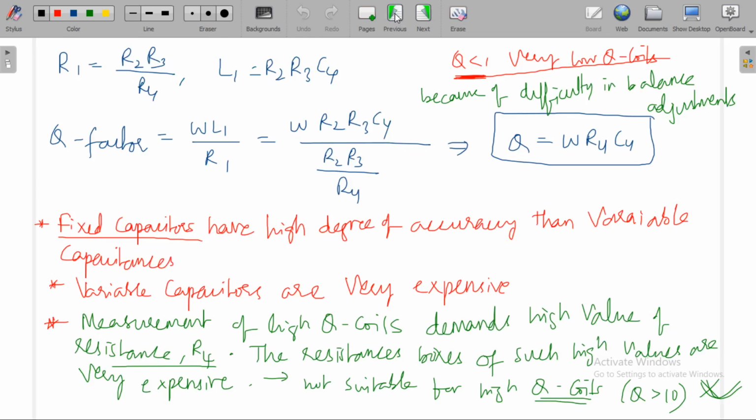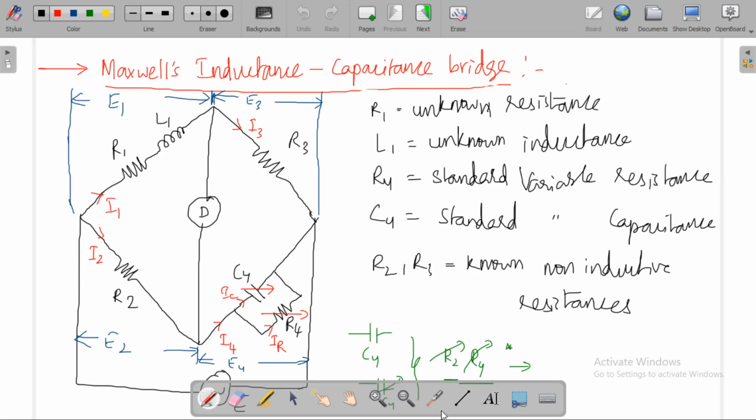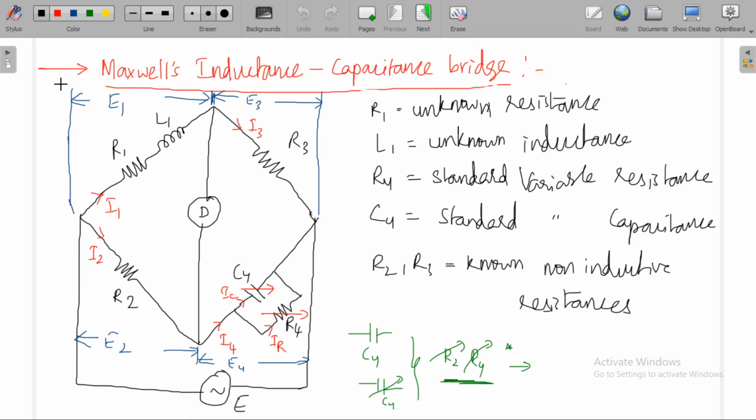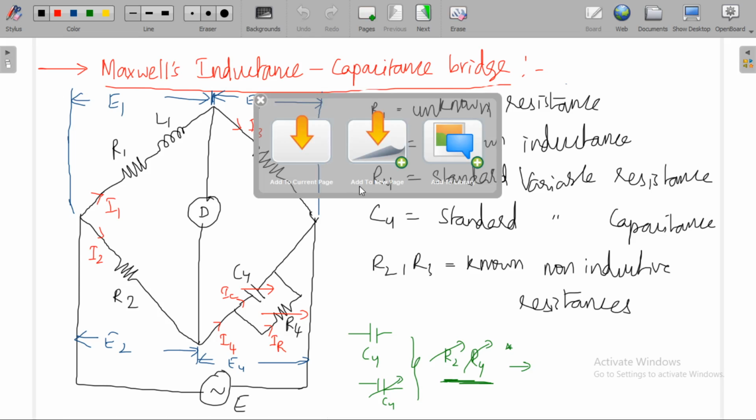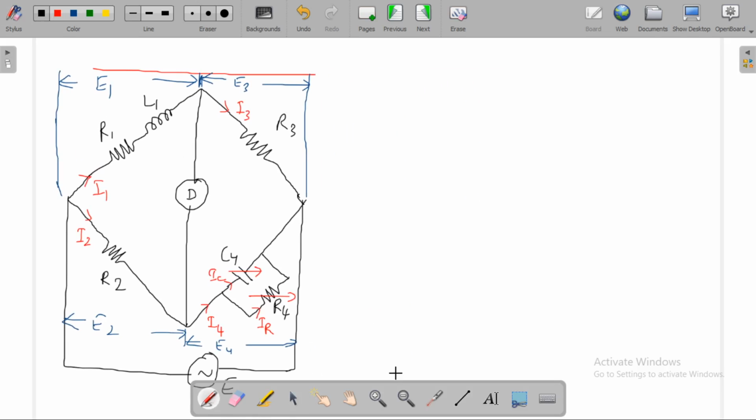Now let us draw the phasor diagram. Let us take I1 as reference vector.